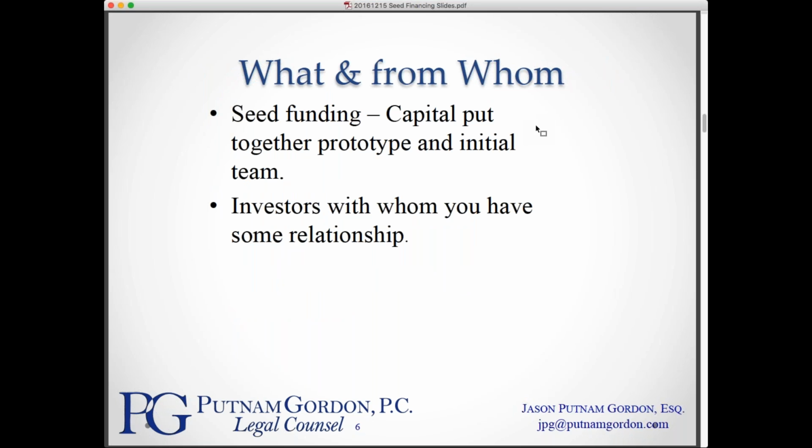So seed financing or seed funding is basically about getting the nucleus of your idea up and going. Okay, so maybe previously you've got some sort of idea. It's on a whiteboard. But maybe you start tinkering with something, maybe you've got a partner, but you need to put together a prototype, some sort of working demonstration of what it is that you do.